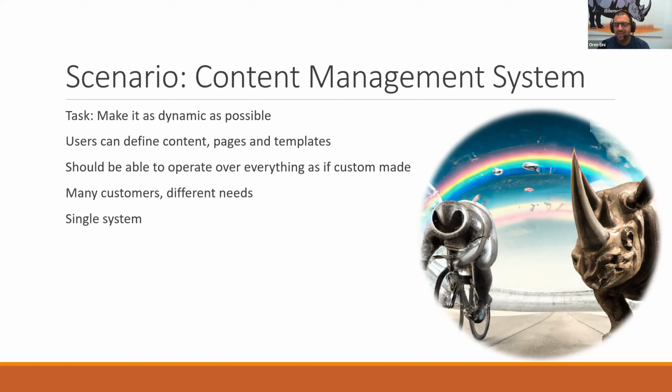Another issue is that this is an off-the-shelf system that is meant to be deployed in a wide range of environments. It may be that I'm using that to post a blog, and this is just my personal blog. Or maybe I'm using that to host a product catalog of a big e-commerce site and anything in between.